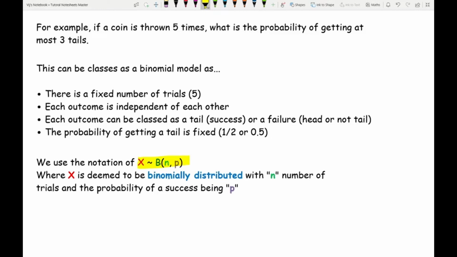Reading into this particular example, here we've got X, which is the number of tails, assumed to be using a binomial model, with a fixed number of trials, which is 5, and the probability of a success, which in this case is a tail, is a half. And this is how we would start and go about answering this particular question.